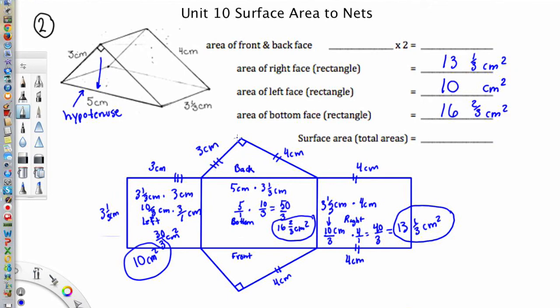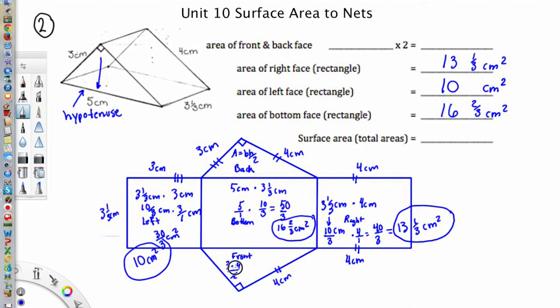Okay, now here comes our triangle. Our triangle has a base of 3, a height of 4. We know that area is equal to base times height divided by 2. So we have a base of 3, a height of 4. We divide that by 2.